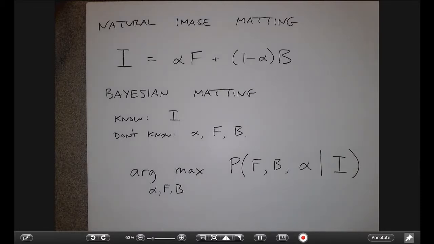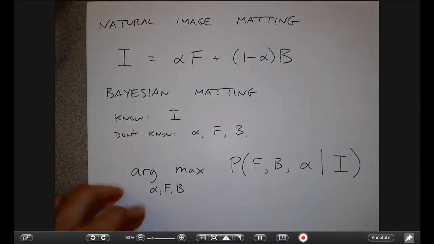So this is a probabilistic formulation. It's like saying, okay, I want to have a model for, given an alpha channel, a foreground, and a background, how likely is that to happen given what I saw in the image? Okay? And so what we're going to do is use Bayesian reasoning to take this apart into some pieces that we know how to analyze. Okay?